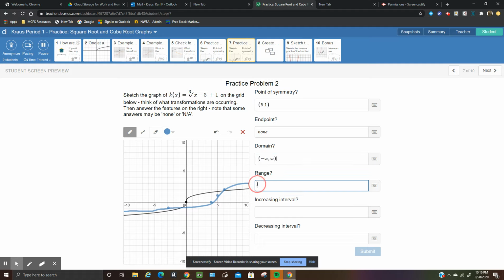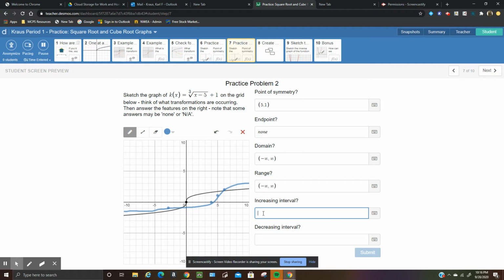And the range, same. Increasing from negative infinity to positive infinity. Is never decreasing.